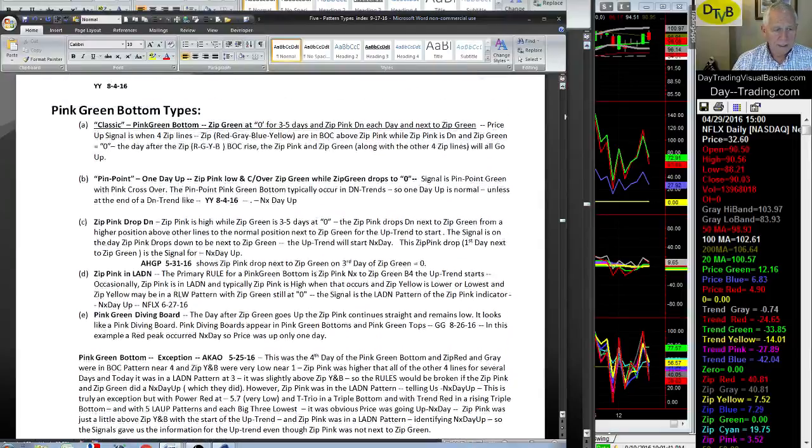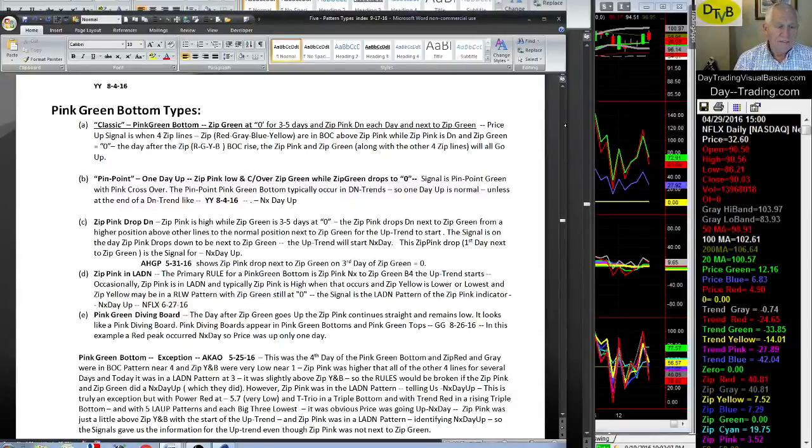In this particular case, I've got 5 pink-green bottom types listed in the pattern types file. When you go into the pattern types, there are patterns up, price up, and patterns down, price down. And the pink-green bottom is a reversal price up pattern.